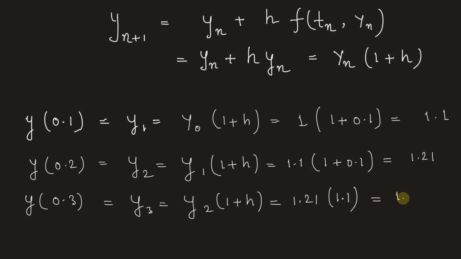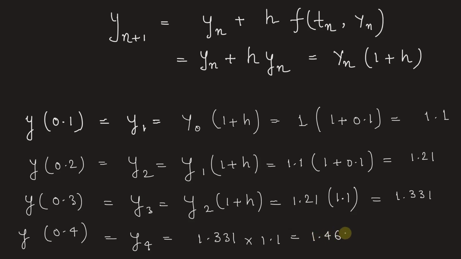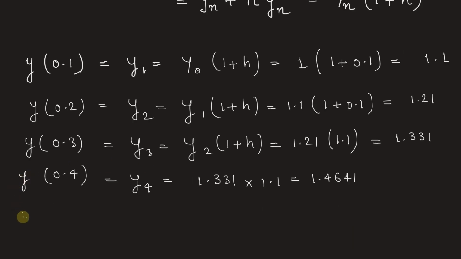So this will be 1.331. Now y of 0.4 will be equal to y4. So y4 will be y3 times 1.1. So y3 is 1.331 multiplied by 1.1. So this value will be 1.4641.